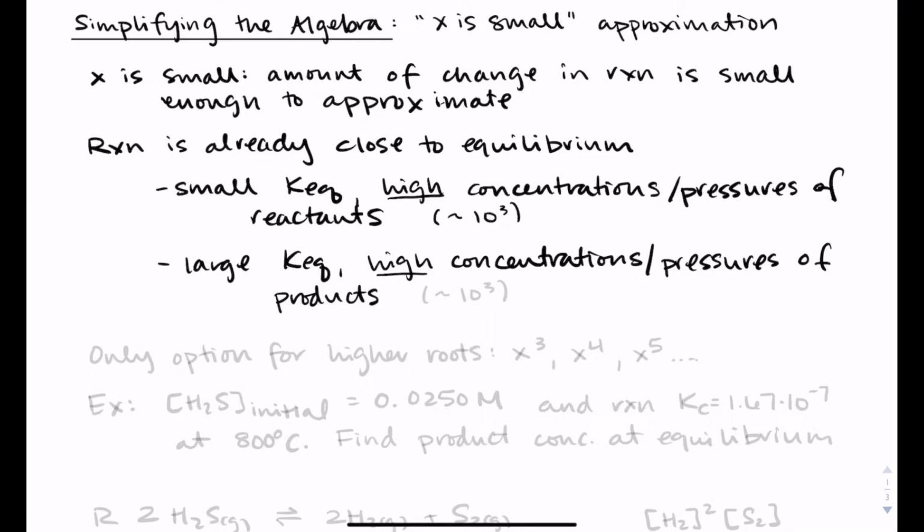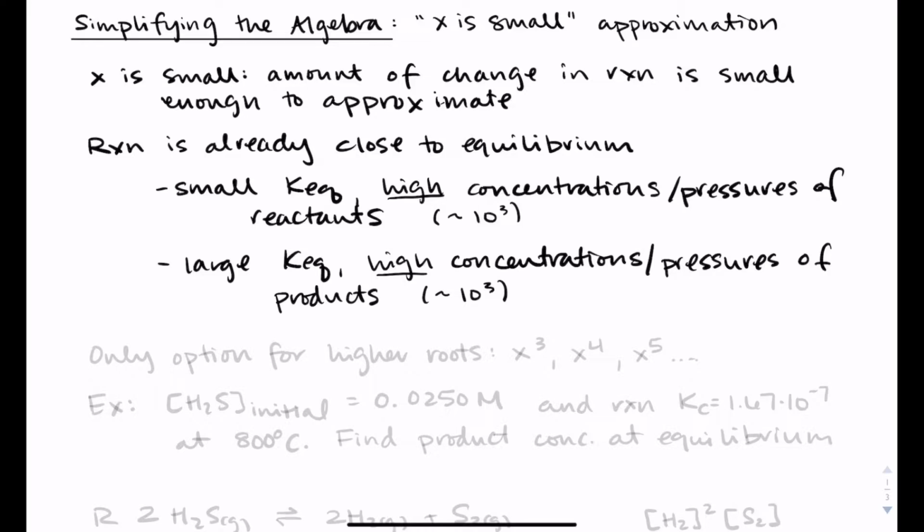The general rule is, if things are apart by about 10 to the third, this will work. I have an approximation of about 10 to the third here, but it's harder to approximate in the other case. But you should be able to look at what kind of conditions you're under and see if you are close to equilibrium.